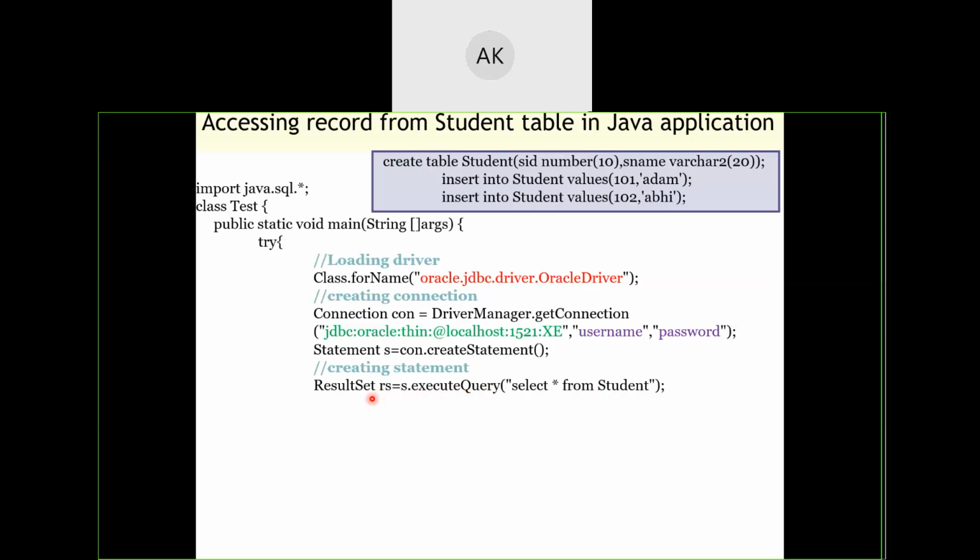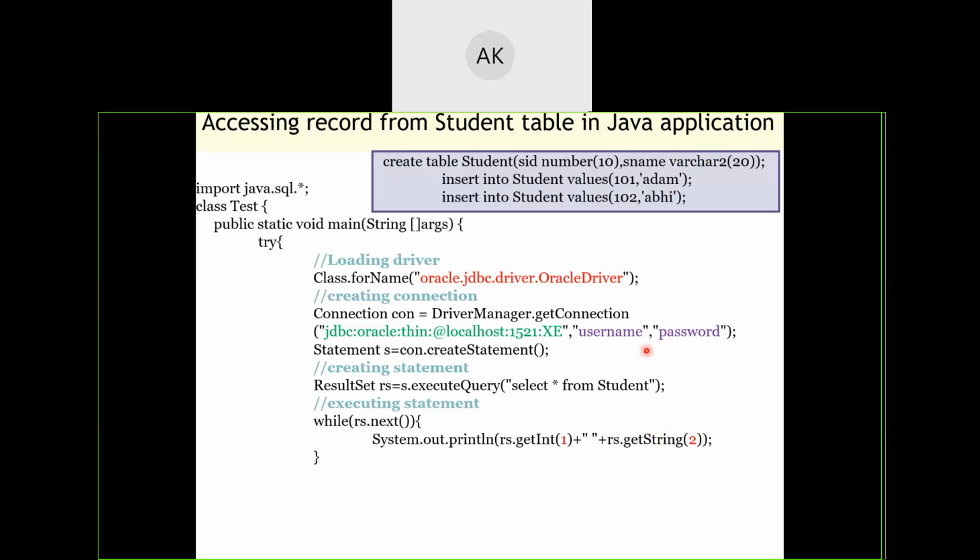Now I have to access the result set object one row after the other until all the rows are over. What I'm trying to do is read the first column value by using the getInt function. Why am I using getInt? Because its data type is number. The second column's data type is varchar.